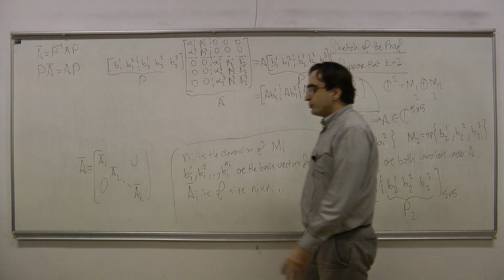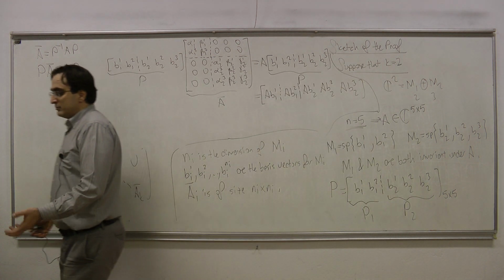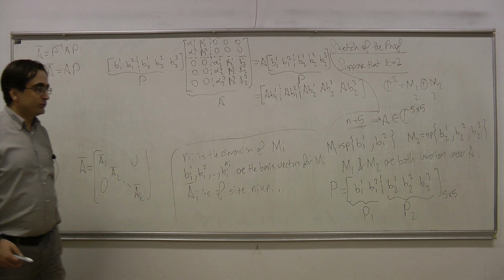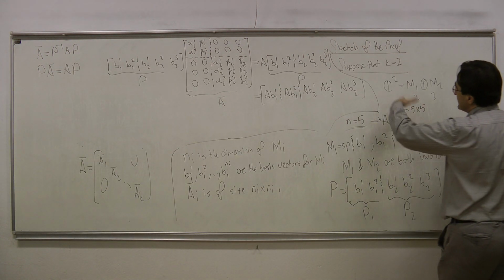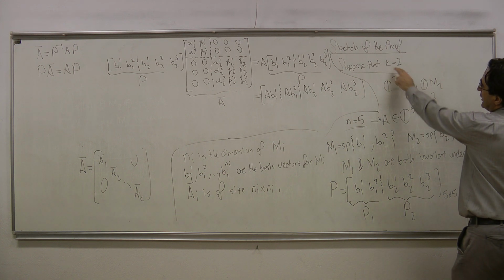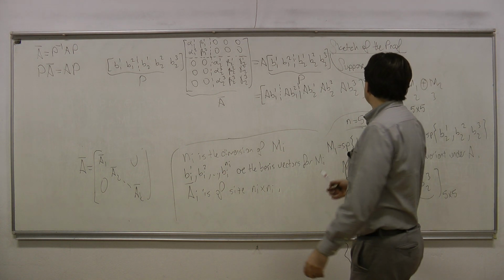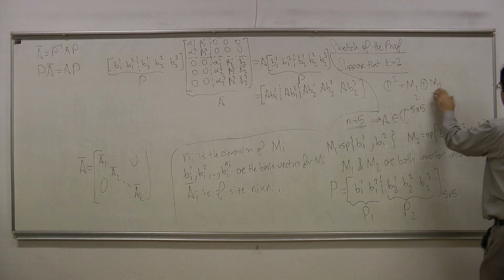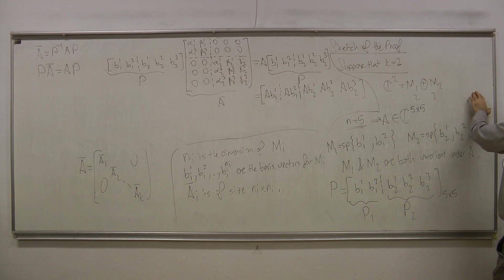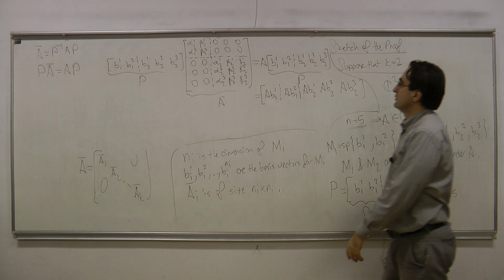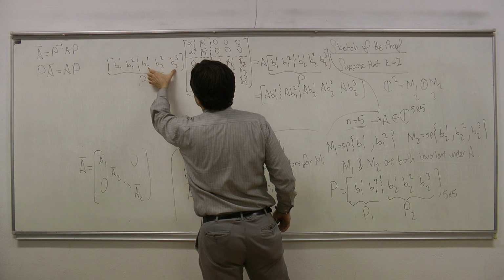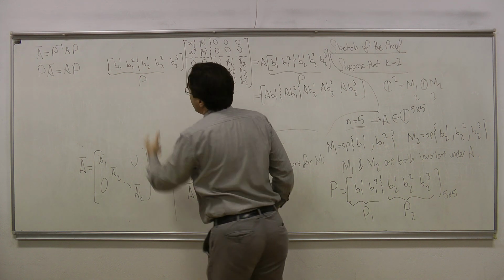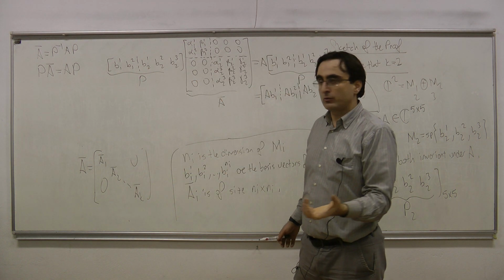This is not an actual proof, as I told you. In order to prove this theorem, you have to generalize this idea to an arbitrary k. Okay? So you would start with k invariant subspaces, and then you would have k basis sets, an arbitrary number of basis sets, of course.